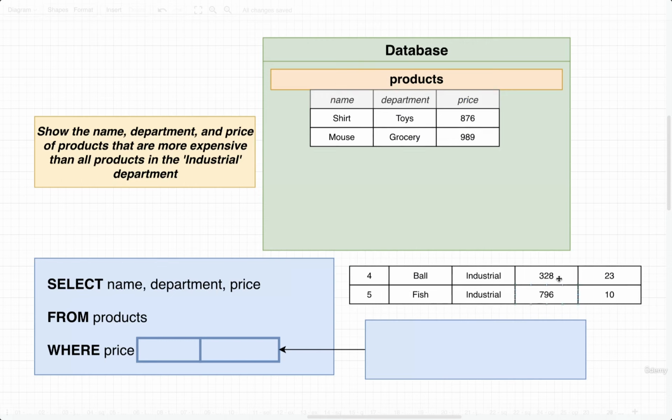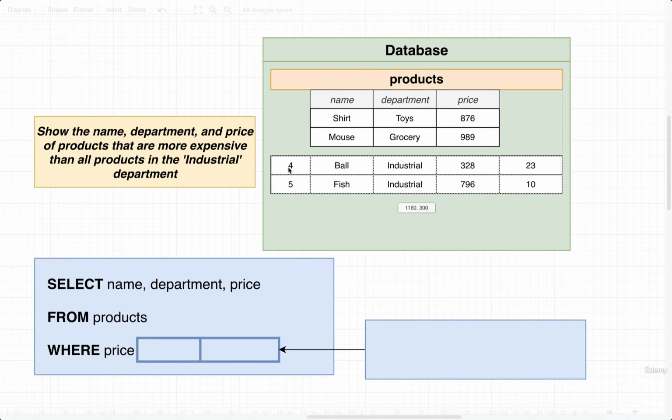Okay, so in this case, let's go back to our original starting point, where we had a bunch of different rows inside this table. The first thing we needed to do was find the price of all the different products that were inside of the industrial department. So we would write out a subquery right here that was something like select price from products where department is equal to industrial.